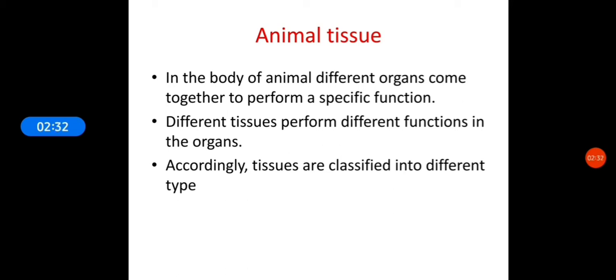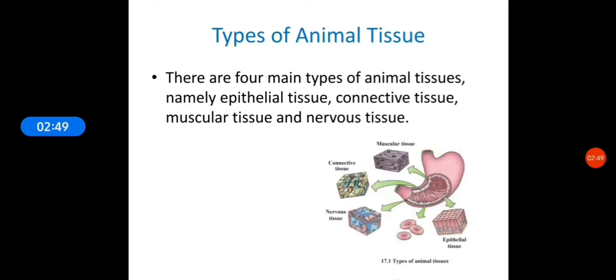Organs like the lungs and trachea, with the help of contraction and relaxation of some muscles, bring about the function of respiration. Different tissues perform different functions in the organs. Accordingly, tissues are classified into different types. There are four main types of animal tissues, namely epithelial tissue, connective tissue, muscular tissue, and nervous tissue.